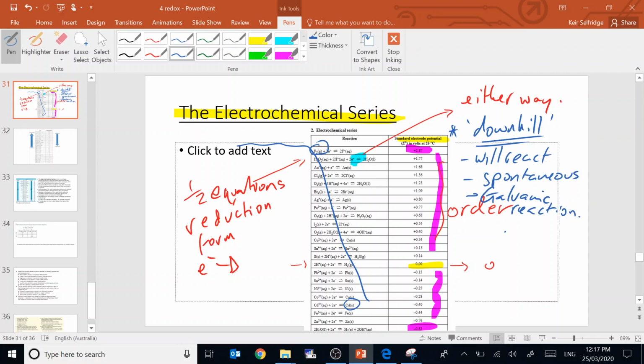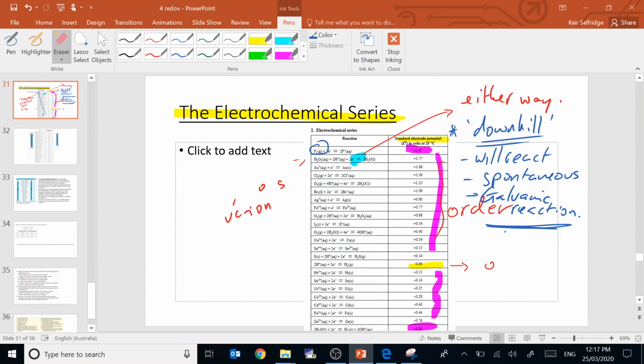So the first bit for this chapter is using the electrochemical series, and we're looking for downhill spontaneous galvanic reactions. Later on we'll use it for something else as well. However, for now, let's see what we can do.